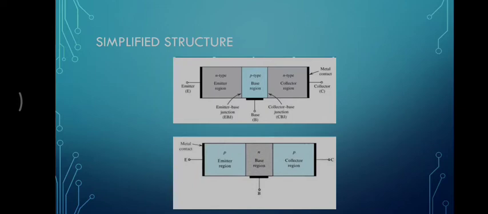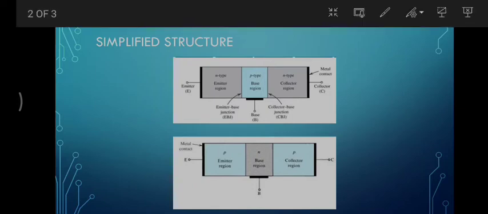For now, the BJT consists of three semiconductor regions, as you can see in the attached picture. The emitter region here is N type, the base region is P type, and again we have an N type collector region. These types of transistors are called NPN transistors.